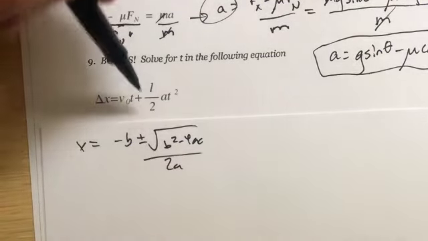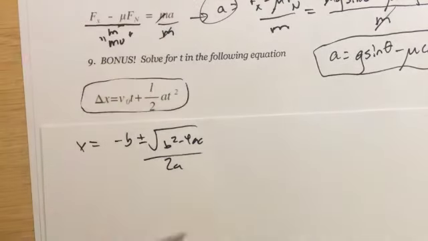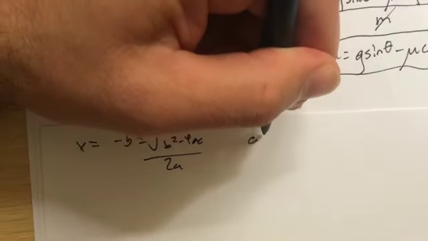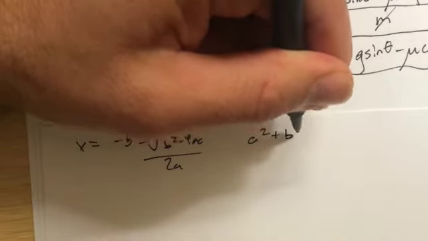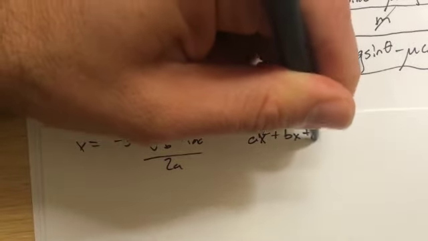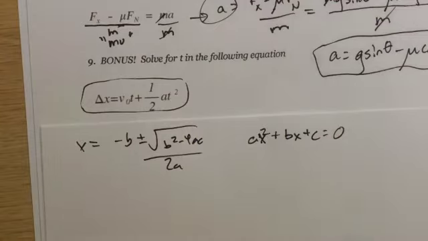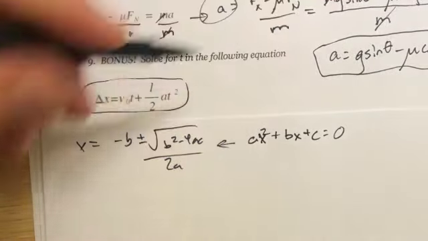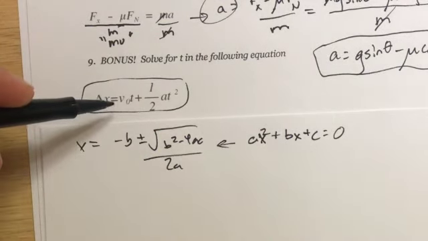All right, well, let's take this equation here and rewrite it in a form that maybe looks a little bit more familiar. A quadratic equation looks like this: ax squared plus bx plus c equals 0, right? And to solve for x, you go this way. Well, let me rewrite this one here.